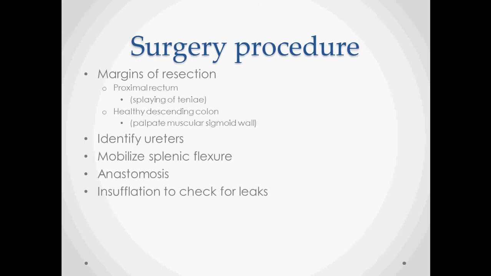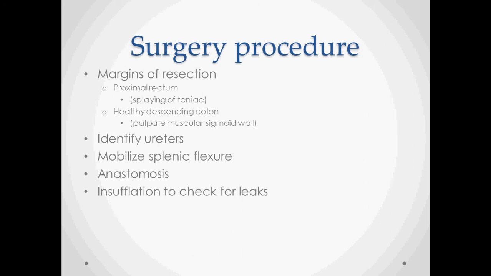And then once you've done the anastomosis, then you can fill up the colon with air through the anus, and then you fill up the peritoneal cavity with saline solution, and then you see if any bubbles come out. The anastomosis is done either with a stapler or a hand anastomosis.